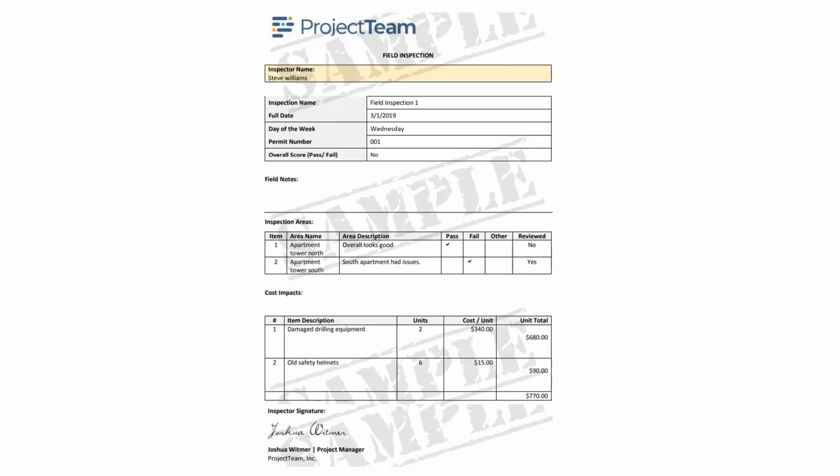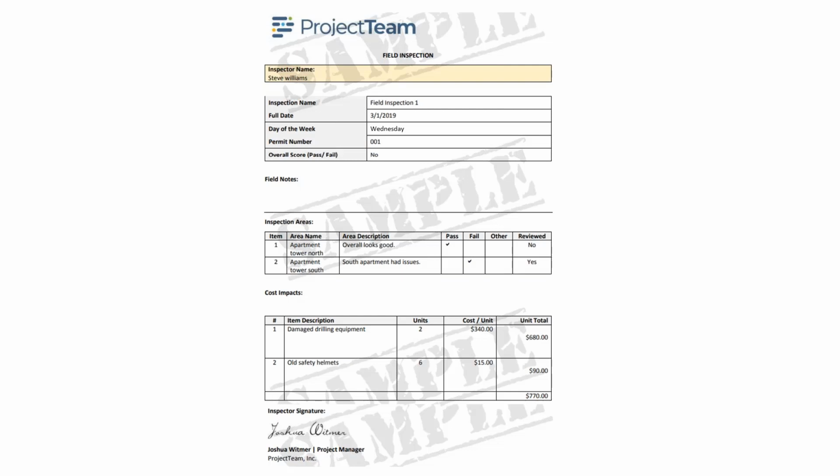Instead of getting a tabular report, I just want to print out, in this case, maybe my inspection, or my request for information, or my submittal transmittal, or whatever it is. In those cases, if I just want to print a single record, we typically recommend you use something called a merge template.